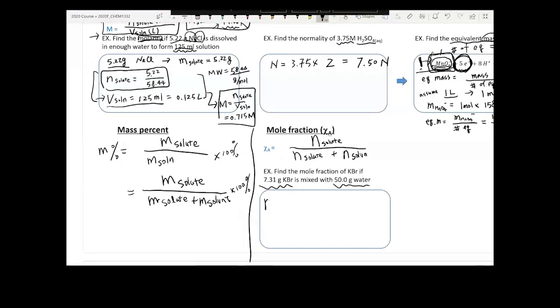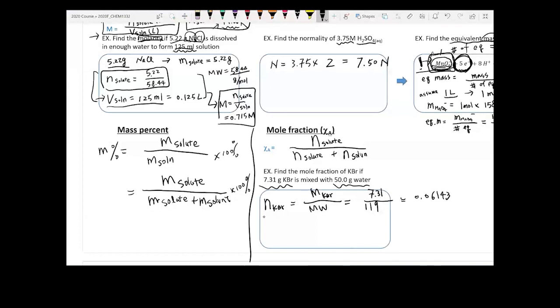For this question, we need to calculate the number of moles of your KBr. Again, it's the mass of the KBr divided by the molecular weight. Here the mass of your KBr is 7.31 gram, and the molecular weight, if you check your periodic table, is 119. This gives you 0.06143 moles.